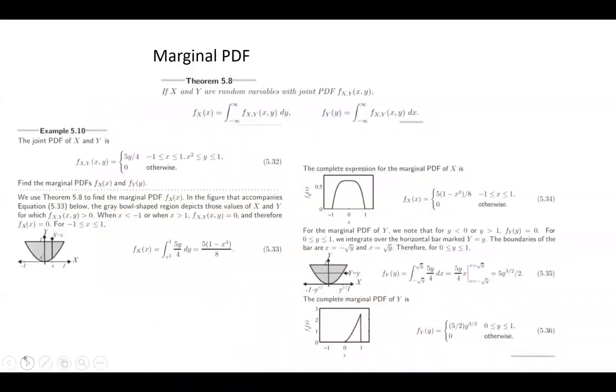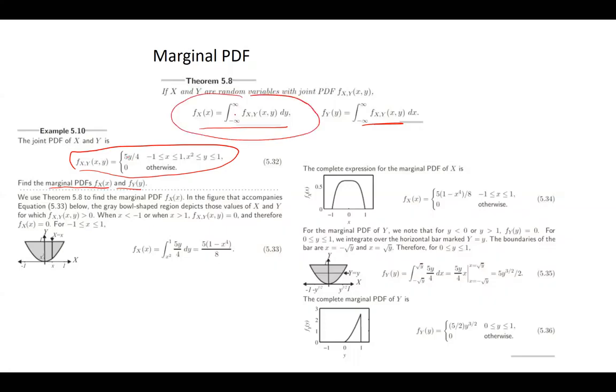Okay, marginal PDF. We can extract marginal PDF using this formula. That's the integration of joint PDF, and here we have an example. Joint PDF of X and Y is given with this formula. Now the question is about the marginal PDF of X and Y. To find the marginal PDF of X, we should use this formula.